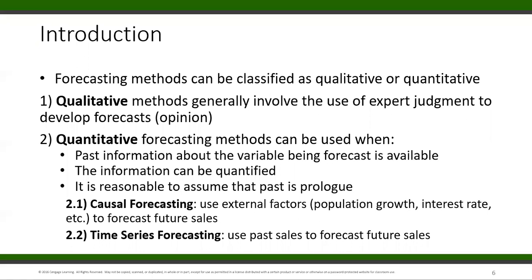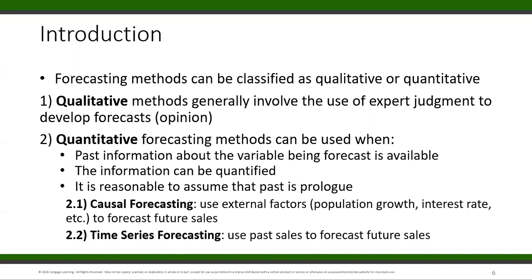For example, if we want to predict what's going to happen with the sales of the company, here there are no numbers involved, and there is no actual numerical analysis of the situation.